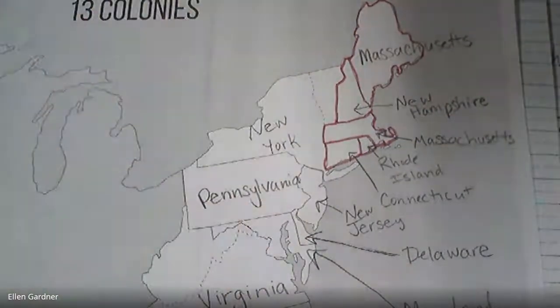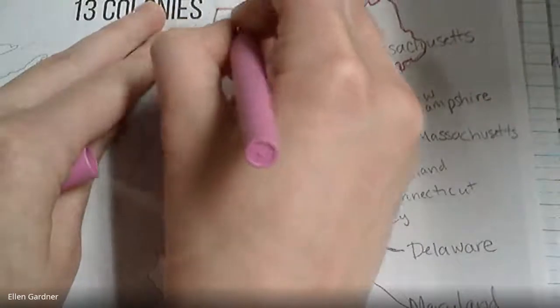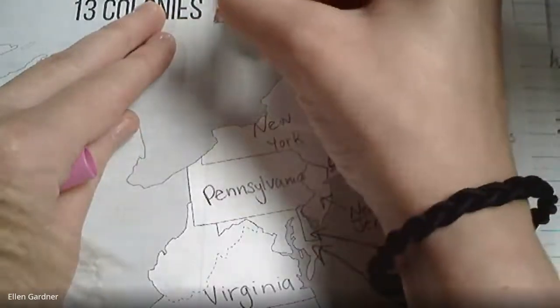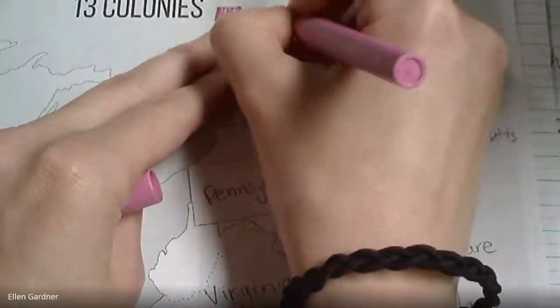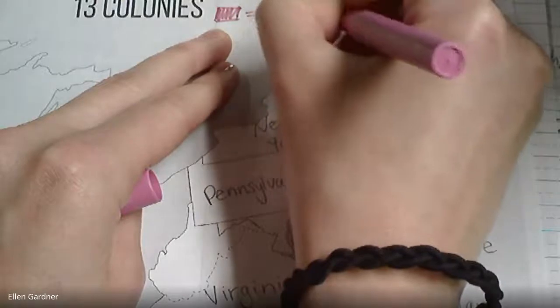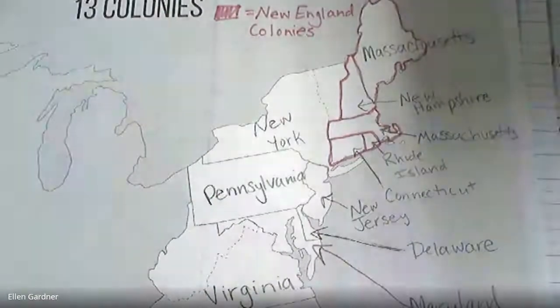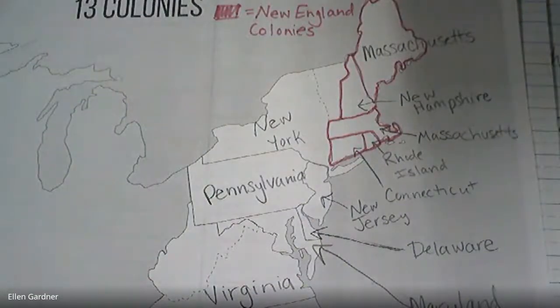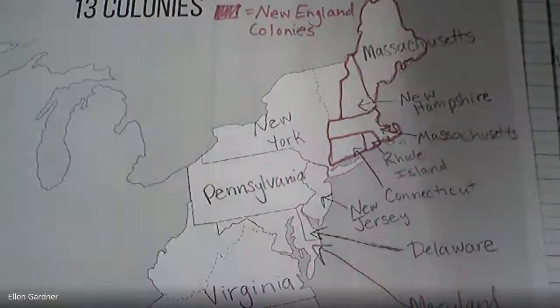Those are all of the New England ones. I'm going to put my little key right up here, basically just to say where you see that pink, it equals New England colonies. Okay, so those are New England colonies. If you don't have a pink, you can use another color. Just make sure that your key helps you with it.